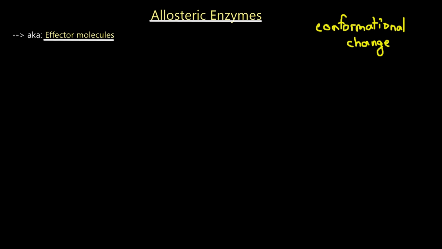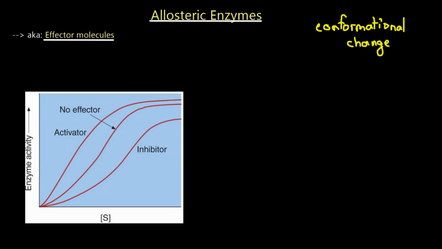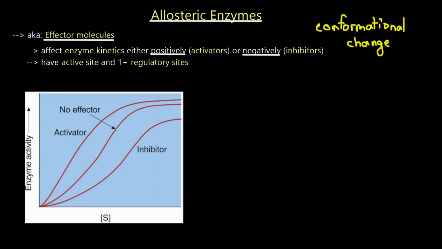And they typically do not follow the similar curves like Michaelis-Menten kinetics if you have done biochemistry before. However, what happens is they affect the enzyme kinetics, meaning that they affect the rate at which enzymes work, either positively, being the activators, or negatively, being the inhibitors.